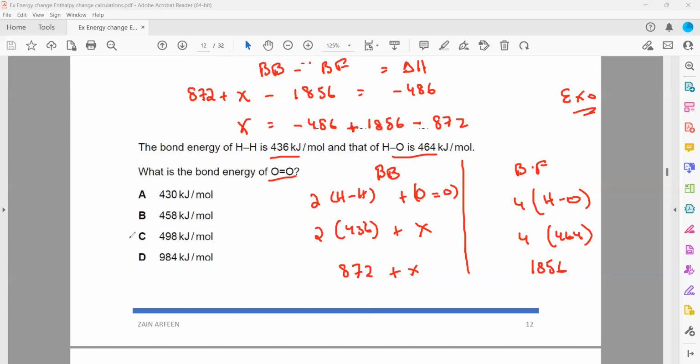So 498 matches option C. So C is the right answer. Is this question clear? So the idea is bond breaking energy minus bond forming energy is equal to enthalpy change.